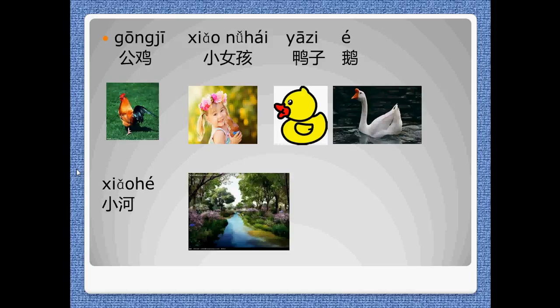And then you will gradually know what they mean and connect the right pictures with the right words. So let's repeat. 公鸡，小女孩，鸭子，鹅，小河。Hopefully you already know those words and pictures.